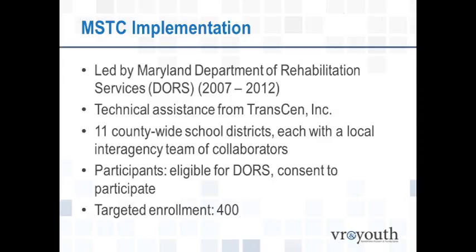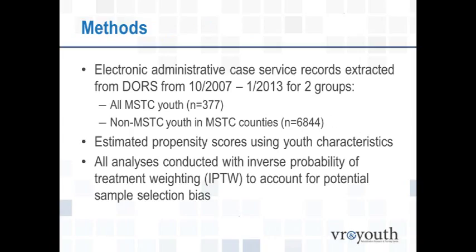We wanted to analyze what happened to these students, what kinds of services they got, and just as important, what happened to them after they finished school, which is why our analysis occurred after the project was over.